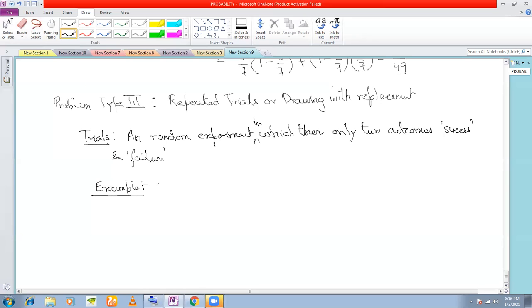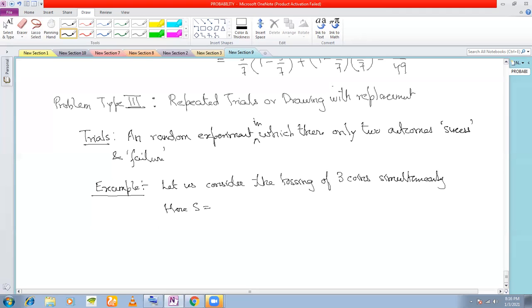So let us take an example. Let us consider the tossing of three coins simultaneously. What should be the sample space here? Let us write down the sample space.